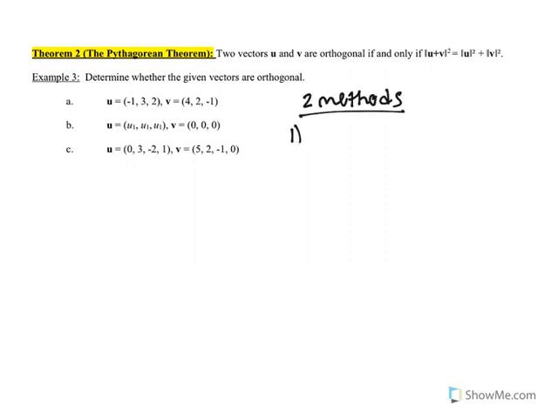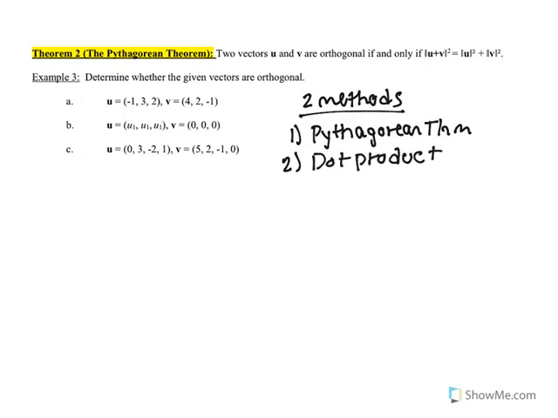You can either, one, do the Pythagorean theorem and check whether the Pythagorean theorem is true or false. If it ends up being false, then you know that they're not orthogonal. But I don't know why you would use the Pythagorean theorem when we can just do the dot product, or in this case, now that we're in linear algebra, call it the inner product, and check that the inner product equals 0. All right, last page.